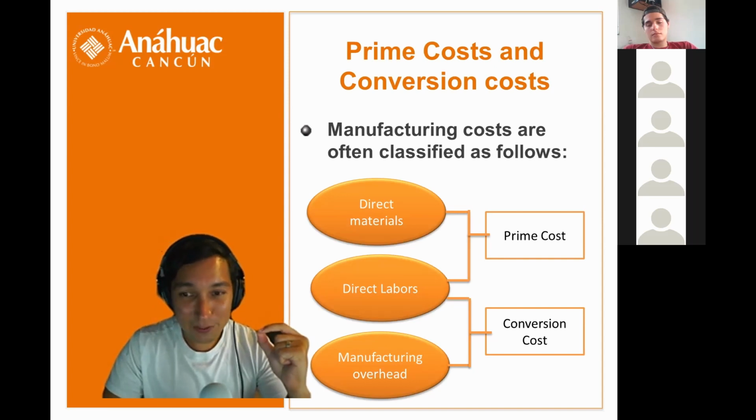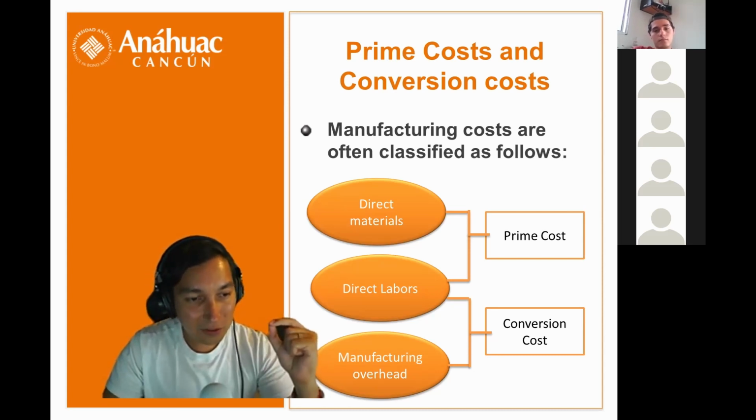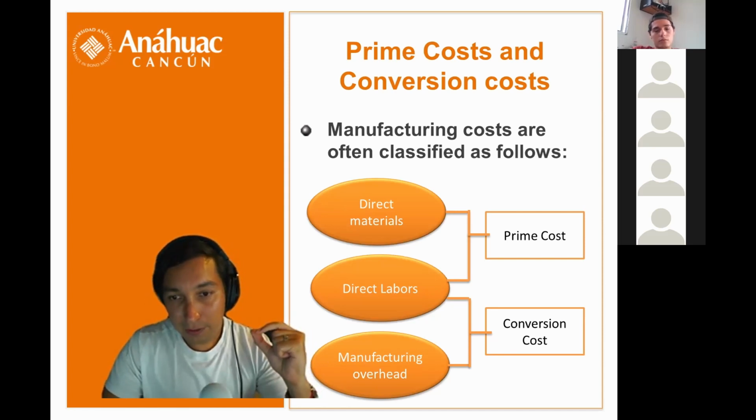But no, because we double counted our direct labor, right? As you see, both are attached. The direct labor is attached to the prime cost, and direct labor is attached to the conversion cost. So make sure that you learn this and learn it well.